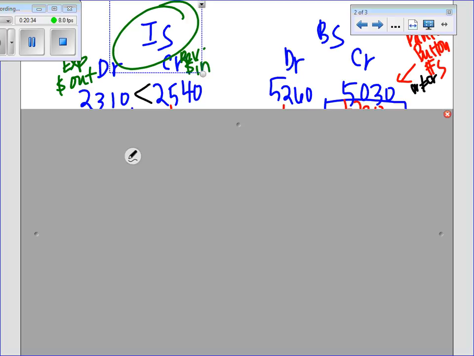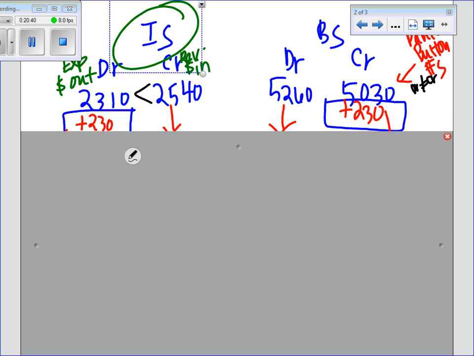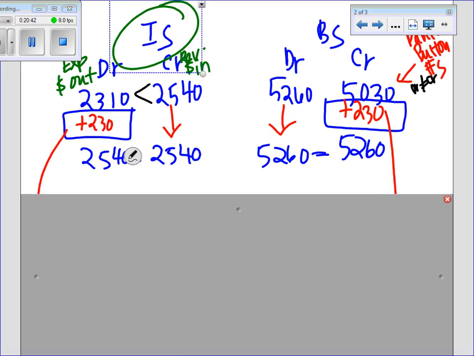Well, we need to get it to equal the larger number. So I'm going to show you what the end result is going to be. We're going to take our larger numbers and extend those down. So you're going to skip a row and go down to equal 2,540.